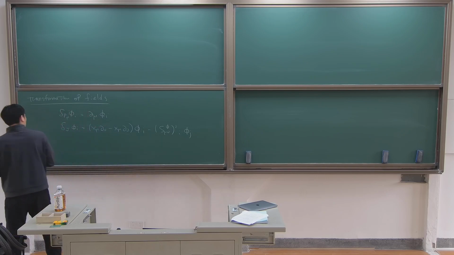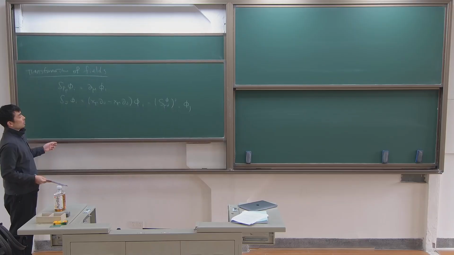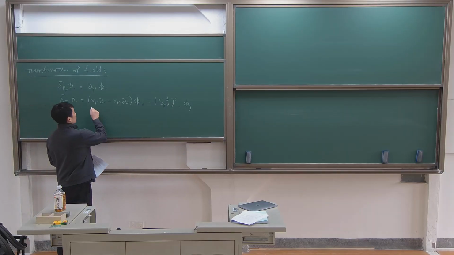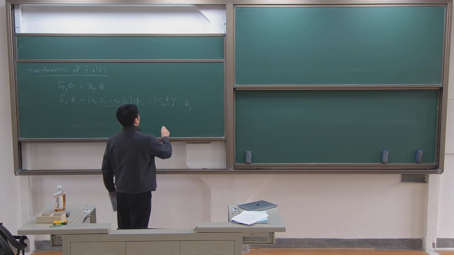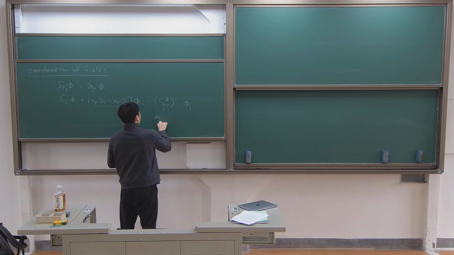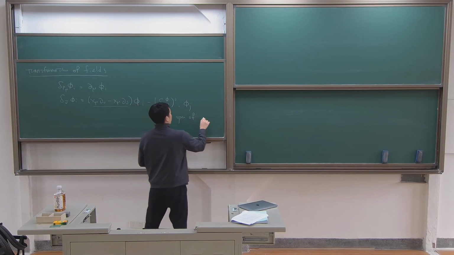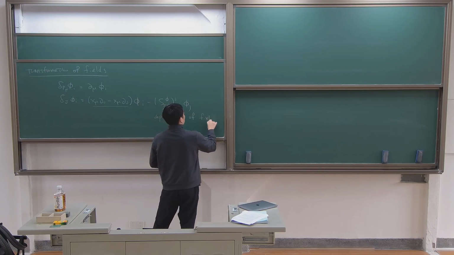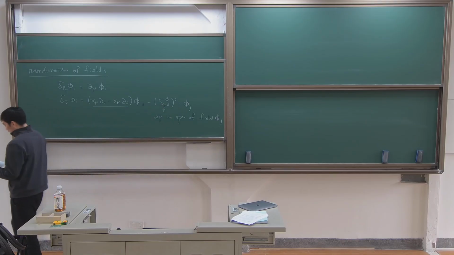That's the usual way of doing it. As I mentioned last time, this is the generator of the rotation, but there is an extra piece depending on the spin of the field phi_J. Let's look at an example.